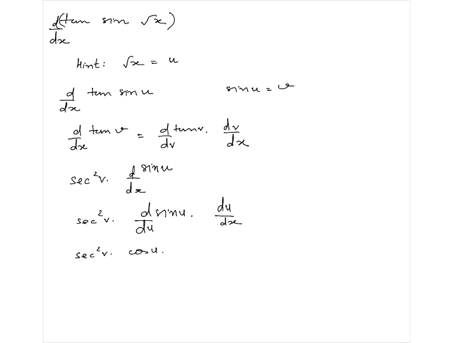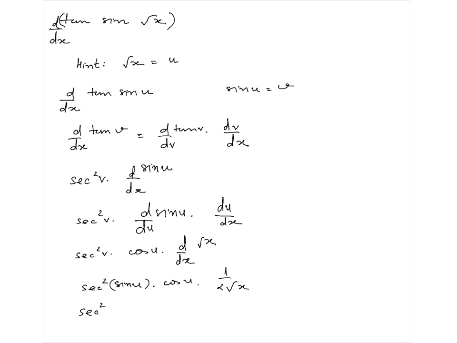Cos u. d/dx of u can't be done straight away. So in place of u, we put root x back. And then in place of v, we put sine u. d/dx of root x is 1 upon 2 root x.